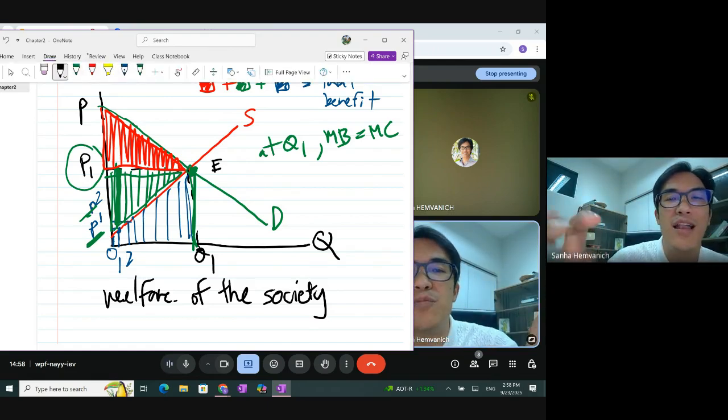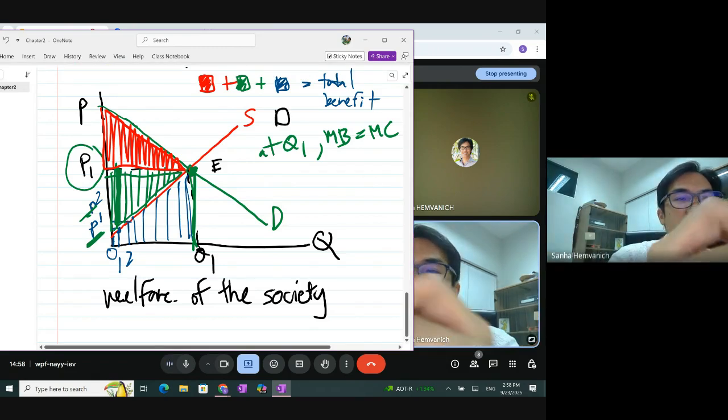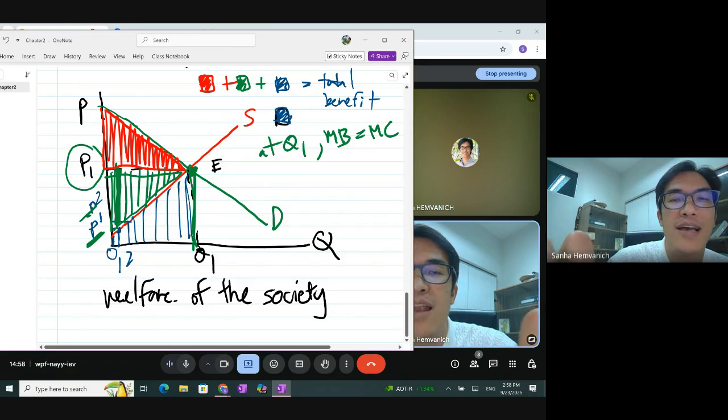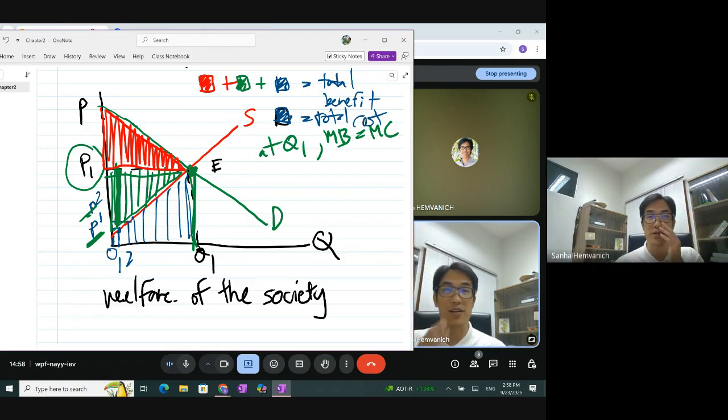So this blue area is also the total cost to the society in order to produce.